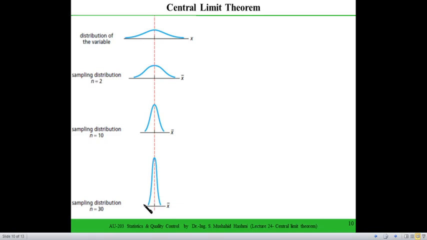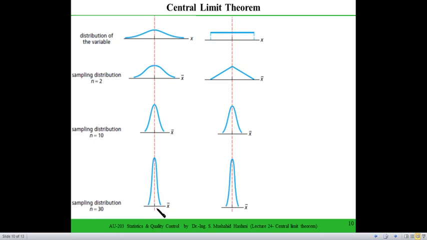This is something we have elaborated: whatever your distribution is, if your sample size is greater than 30, then your sample mean distribution would be a normal distribution. Let's say you have some other population like a uniform distribution. If you take samples, the resulting distribution for the sample mean would be this.